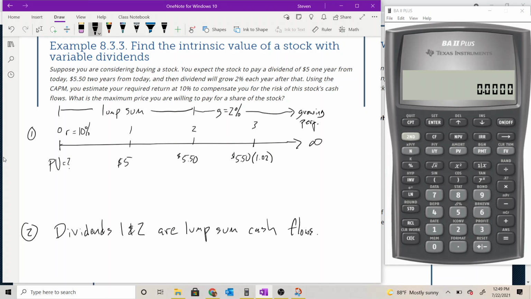And then starting right here at the end of year 2 or the beginning of year 3, we begin a growing perpetuity. So dividends 3 through infinity. Just pretend that's an infinity symbol. Are a growing perpetuity.